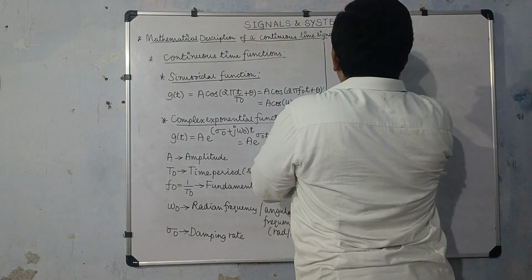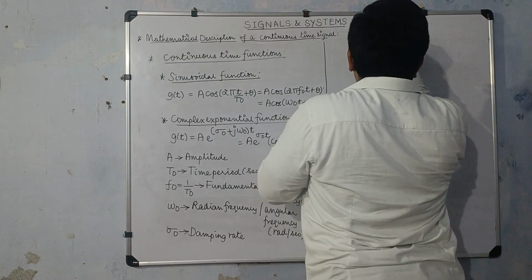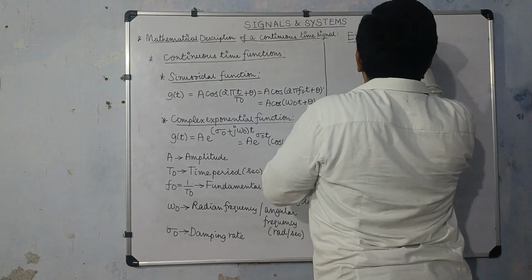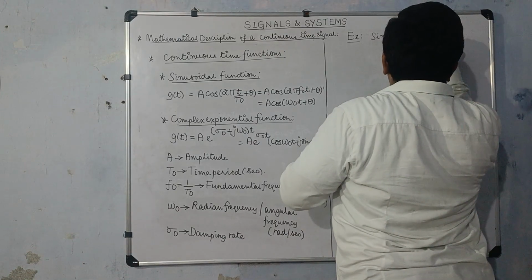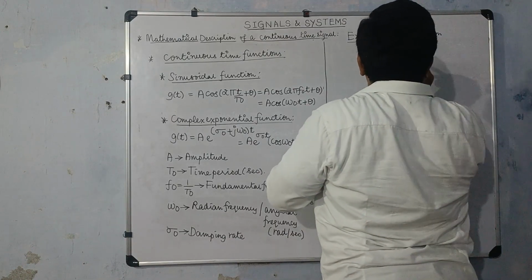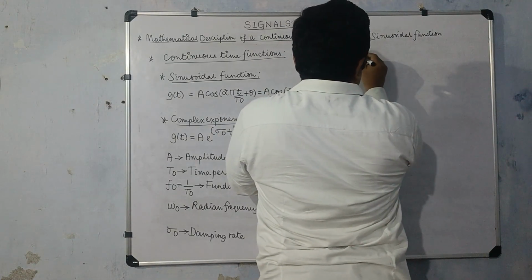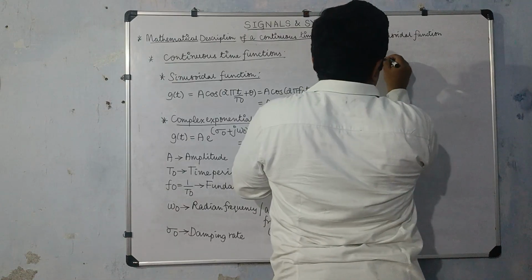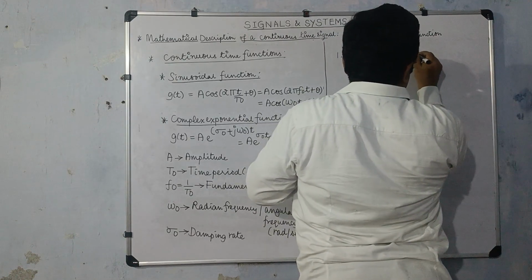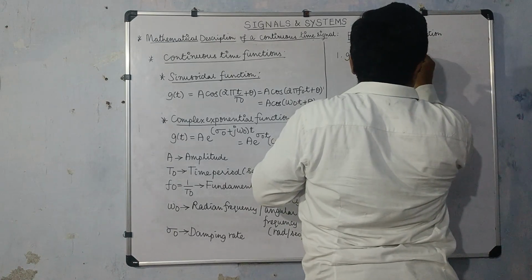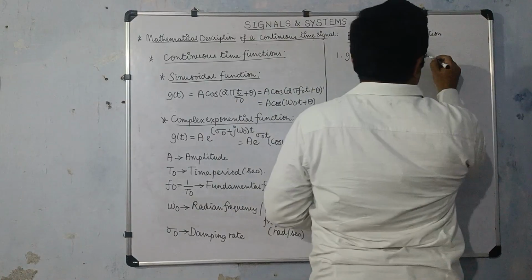First of all, I will write examples for the sinusoidal function. The first example is, let us say, my g of t is equal to minus 4 sine 200 pi t.